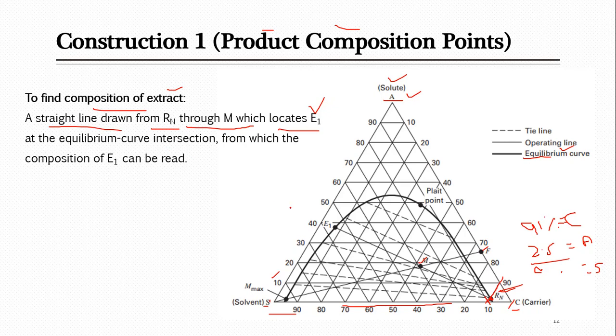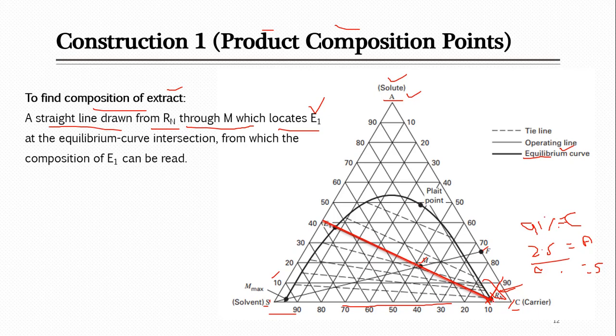So let's look at how you will draw it, because the line is already drawn here, but I want to show you how you have to draw. When you are constructing a diagram, you will have just point Rn and M. You have to draw a line from Rn towards the opposite side of the equilibrium curve, such that it passes through M. What I have done here is place the ruler on this system and draw a line.